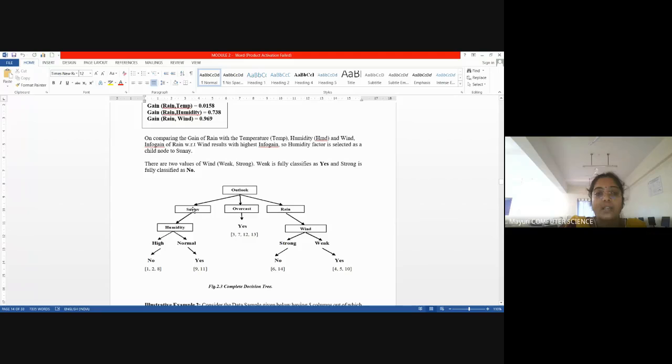With respect to Sunny, take the values from the table, the humidity values. Look at the remaining attribute values. Humidity has all values fully classified, with no and yes. The remaining will be equally classified. Equally classified has a high rate of error, entropy. So don't consider that attribute for the next step.